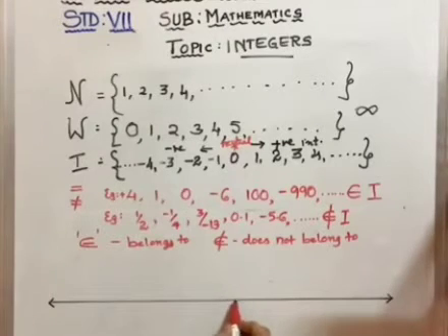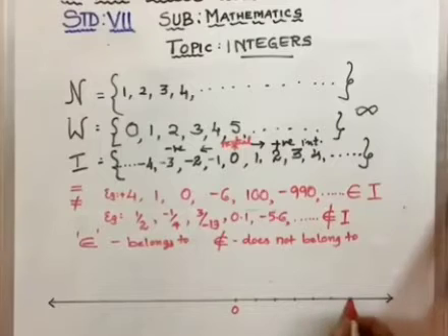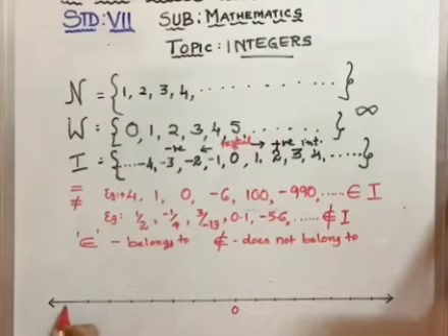Remember children, the spacing you can take as 1 centimeter between the integers. So 0, which is neutral, is at the center. Towards my right, towards your right, we have all the positive integers. Clear? Use your ruler to show the gap of 1 centimeter. Okay? Now, start marking the integers.